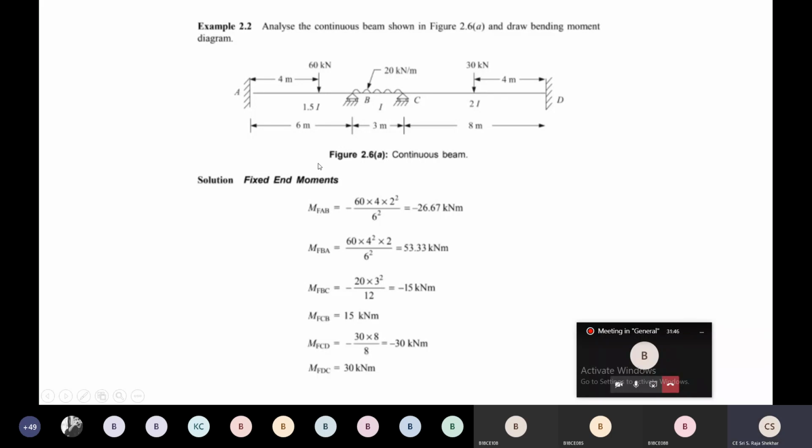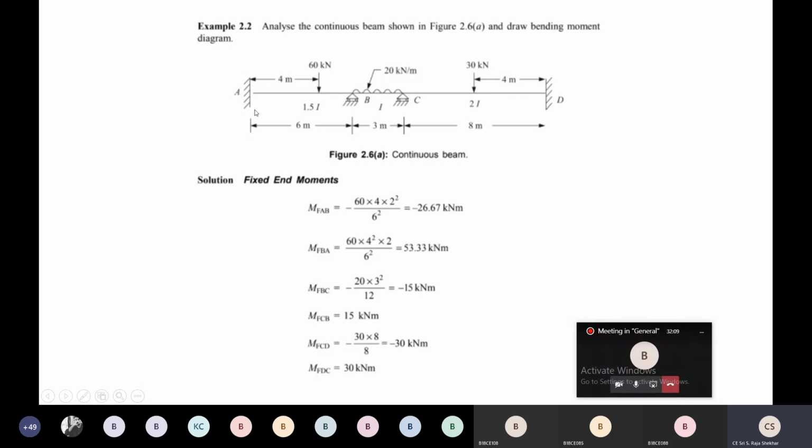First step, we consider all the supports as fixed supports and calculate the fixed end moments. I'm not explaining everything in detail because we are well familiar with the calculation of fixed moments. I calculate MFAB, the formula is W a b square by L square.